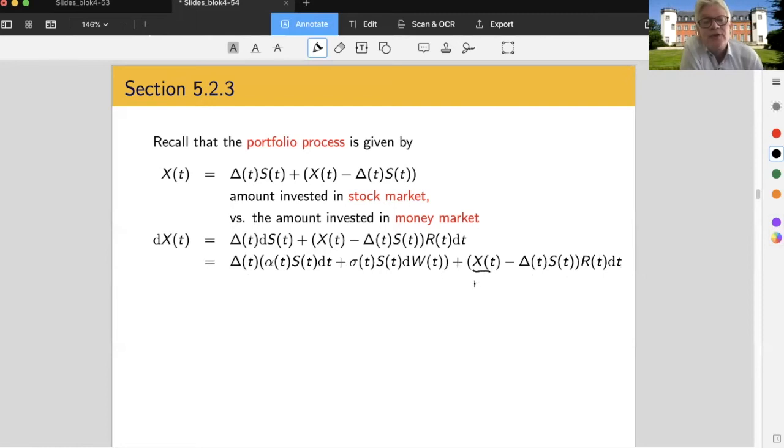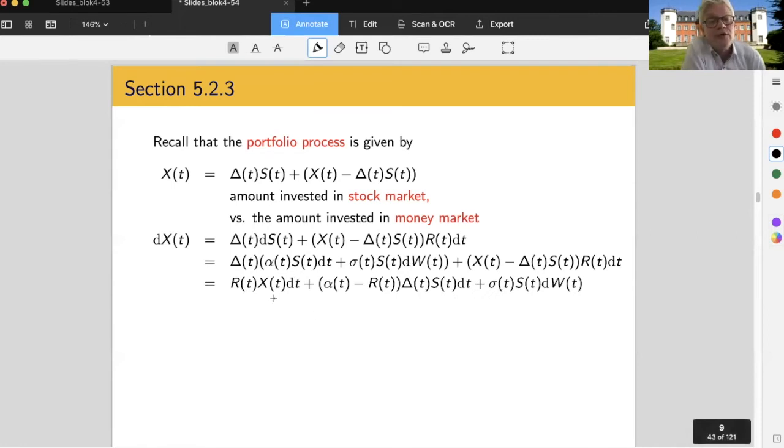We put that up first, and what's remaining in the dt terms is a term here and a term here. And we recognize a Delta here and an S here, and also a Delta and an S here. So what we see is alpha_t minus r_t, multiplied by Delta_t S_t dt. And here we also have a sigma_t, a Delta_t, an S_t, and a dW_t. So let's write that down.